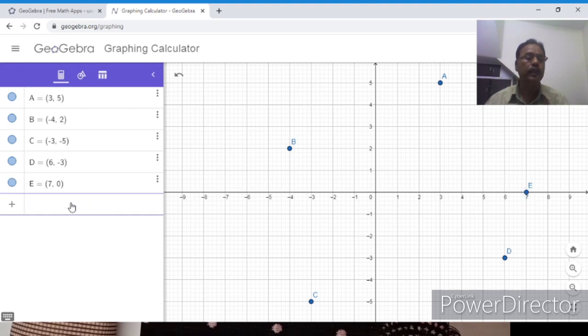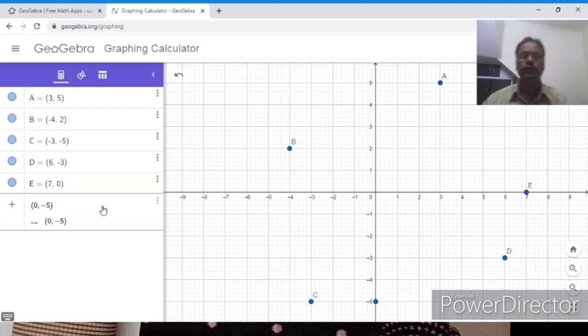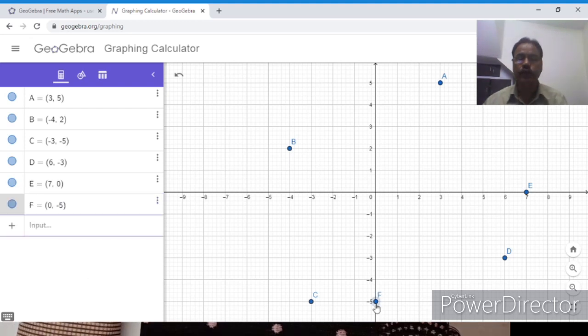Let us see it by an example. I am writing another coordinate whose x coordinate is 0 and y coordinate is -5. See here, the point F, you can see here, it is lying on the y-axis on the negative side.